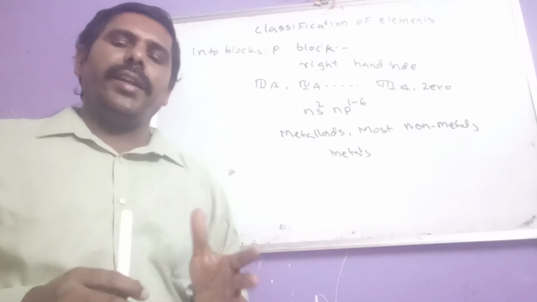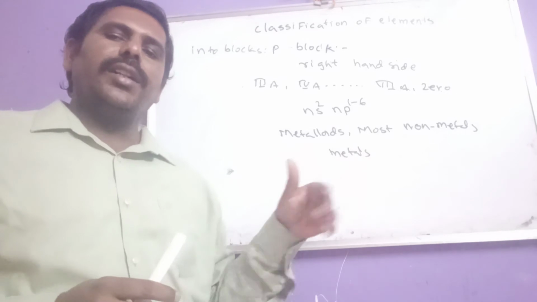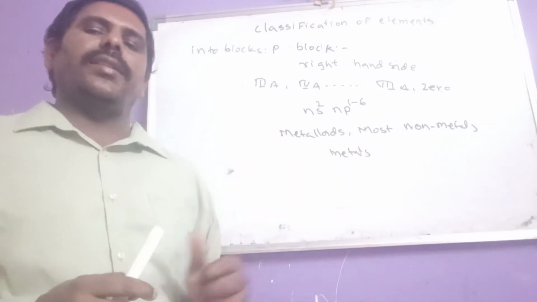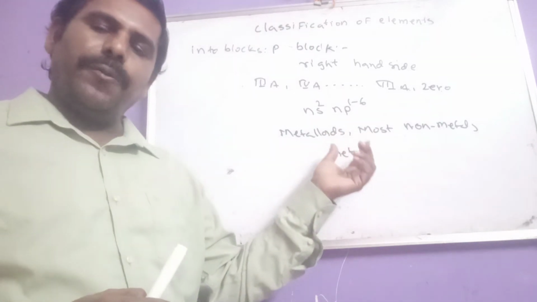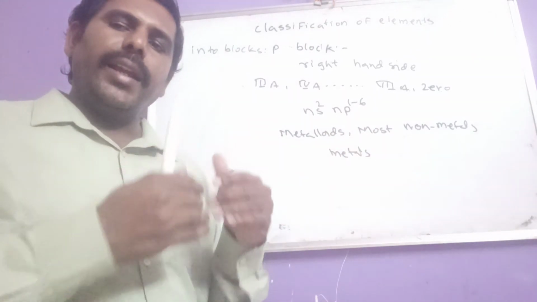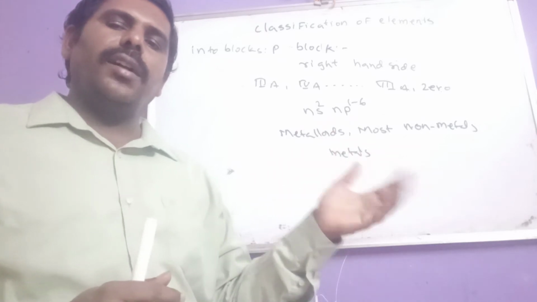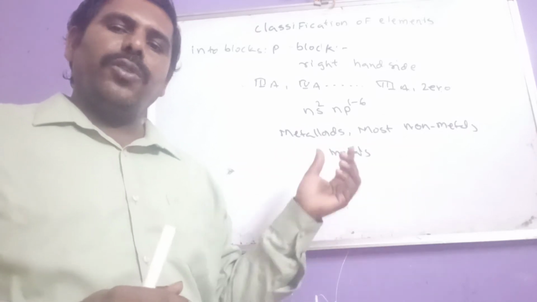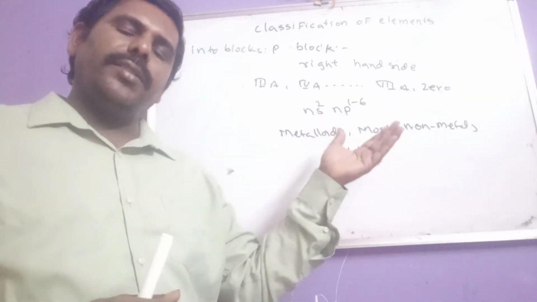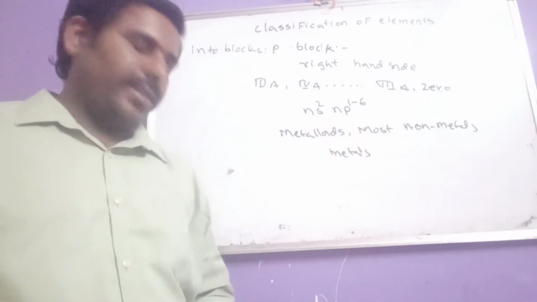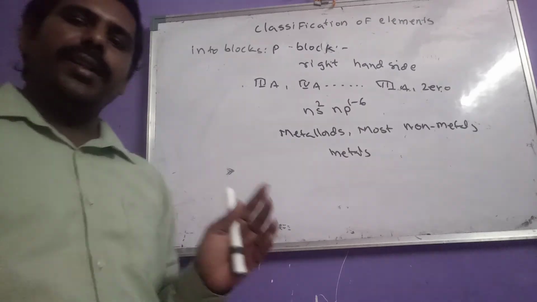These p block elements especially act as strong oxidizing agents, because most of them, by gaining electrons, undergo reduction and act as strong oxidizing agents. Of course, some may act as reducing agents, but most of them act as strong oxidizing agents. So this is regarding p block elements.